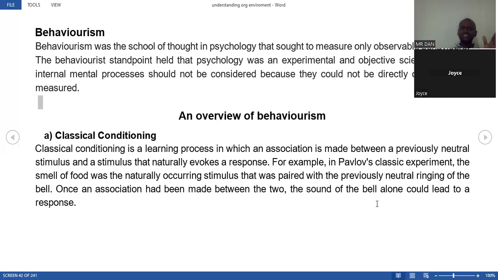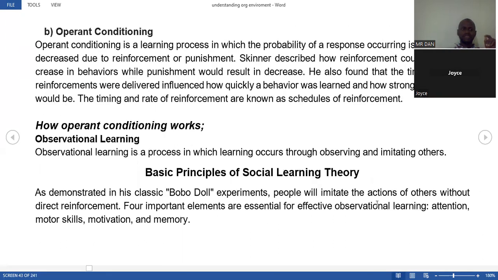So all these studies are in organization behavior, and I believe you have been taught organization behavior, as there is a whole unit on it. Then you also have operant conditioning. Operant conditioning is a learning process in which the probability of a response occurring is increased or decreased due to reinforcement or punishment.